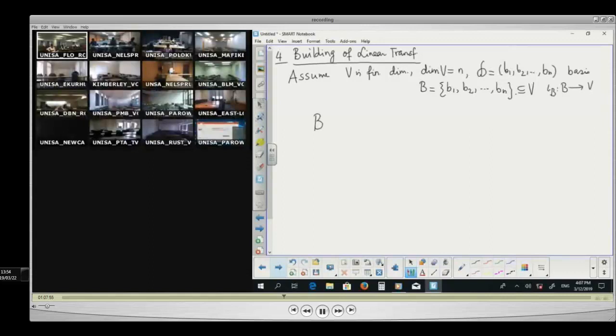So, remember this function which takes x to x itself. That means it is an inclusion map. So B1 is going to B1, B2 is going to B2, and so on. And your W is any vector space.